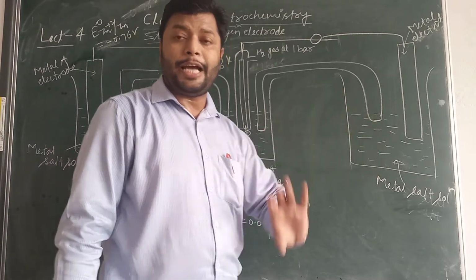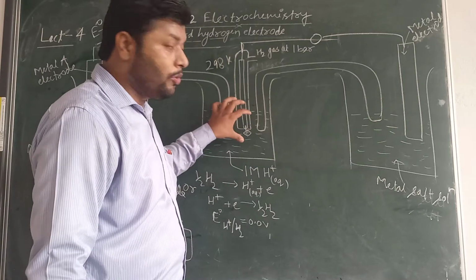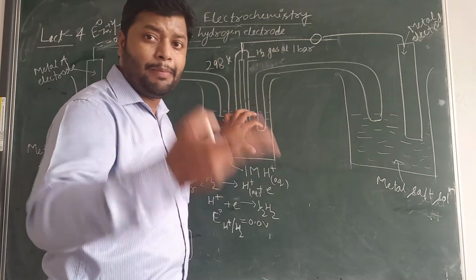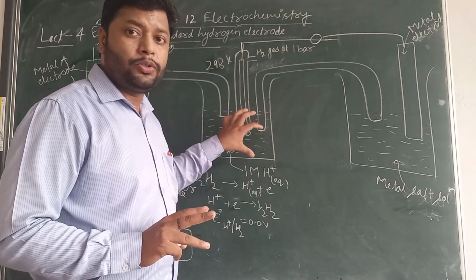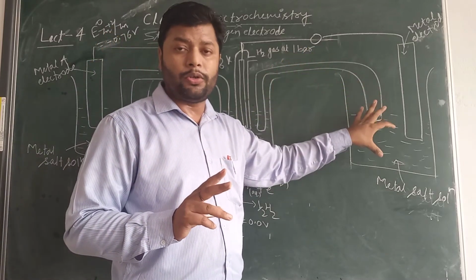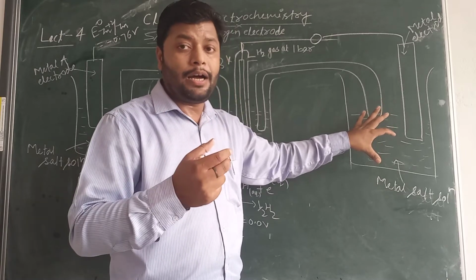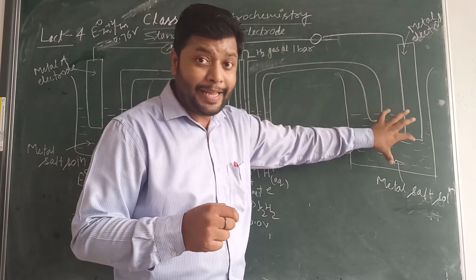It means now hydrogen itself behaves like anode, and the other metal or non-metal electrode whose electrode potential we want to calculate behaves like cathode.